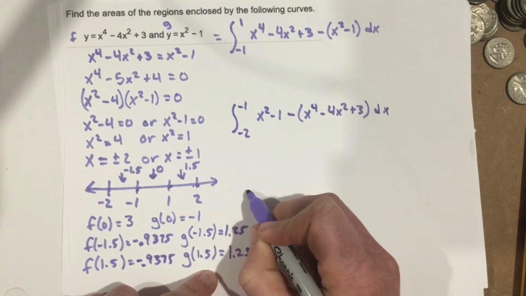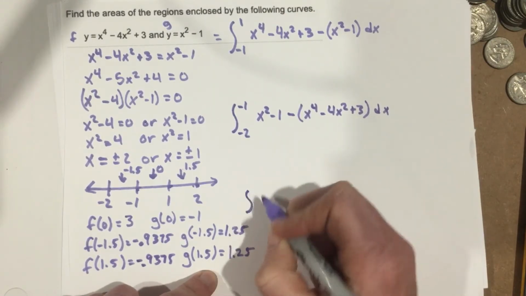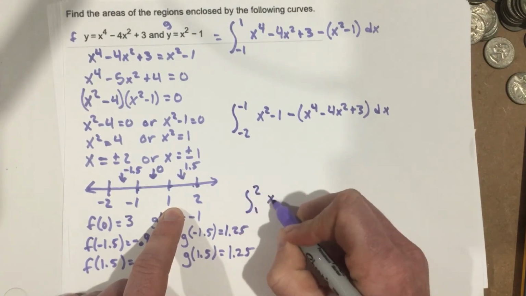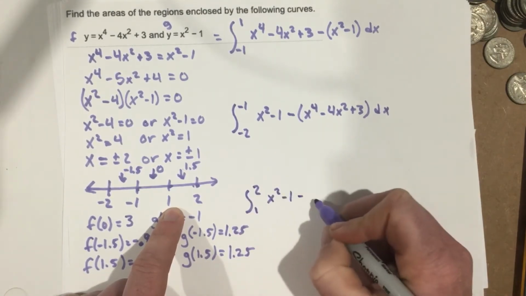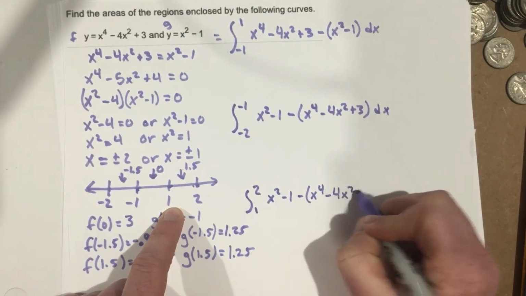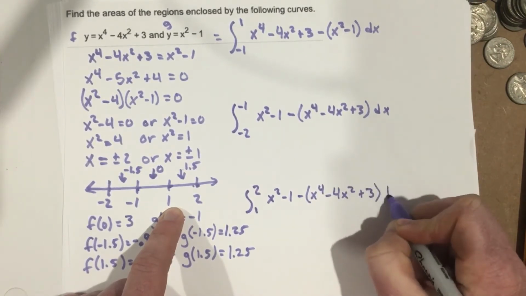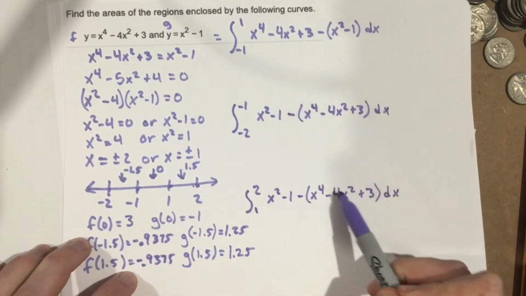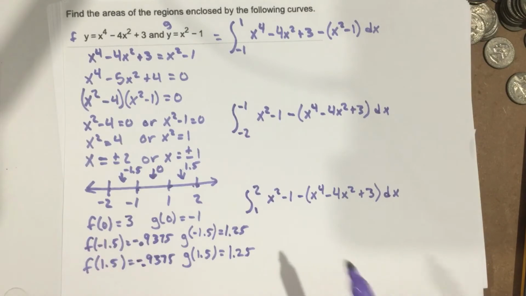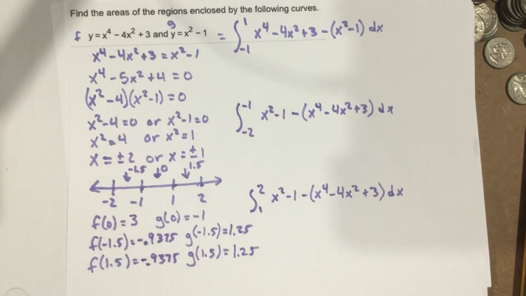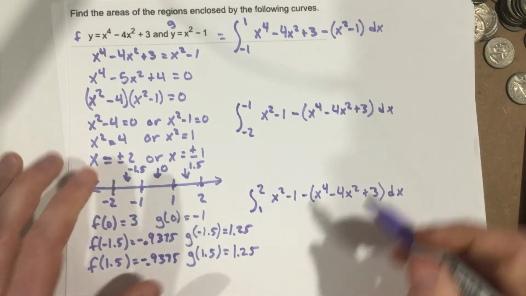And I'm also going to integrate from 1 to 2 the same function, x squared minus 1 minus x to the 4th minus 4x squared plus 3 dx. And this will give me an area, this will give me an area, this will give me an area, and I'll add all those areas together, and that will be my area for the regions enclosed by those curves. So let's go ahead and do this.